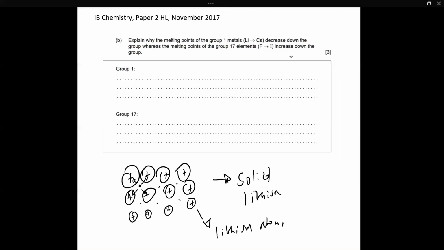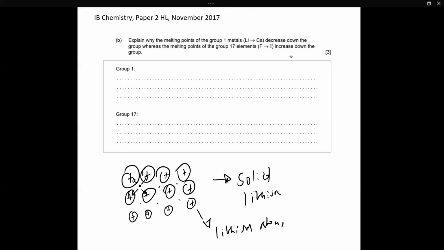So why does it decrease? Why does the strength of this electrostatic attraction decrease as you move down? Remember, this force between the electron and the positive nuclei of the lithium ions is called an electrostatic force of attraction. So why does it decrease as you move down?